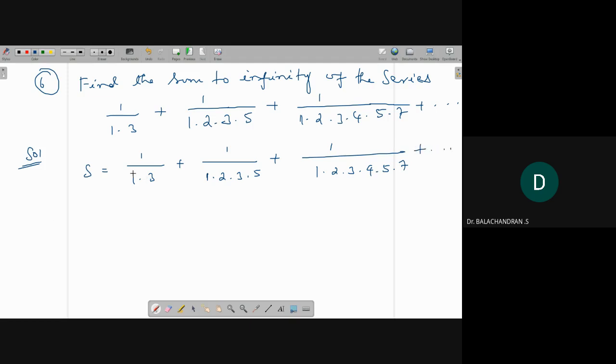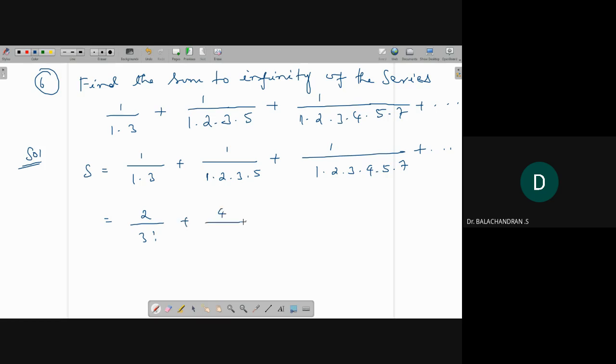Because here I want to write the denominator in the form of factorial, but I don't have 2 here. If I have 1 into 2 into 3, then you can write 3 factorial. So that is the reason I multiply and divide by 2. So 2 by 1 into 2 into 3, I directly write 3 factorial.